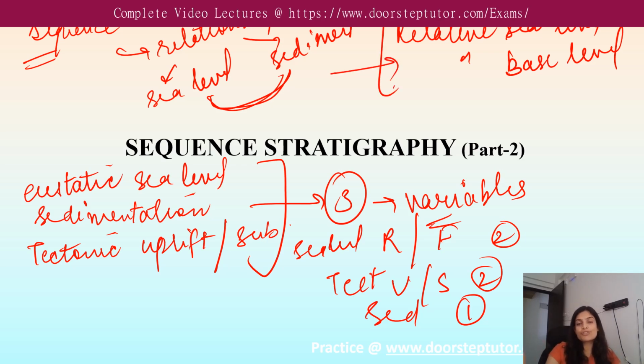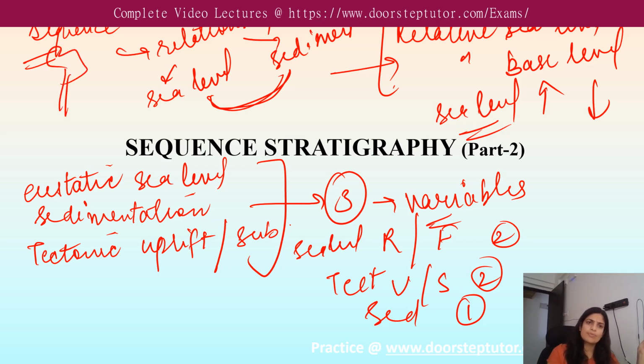Basically, in reference to this, we talk about whether there was upliftment or subsidence, and mainly we talk about the sea level, whether there was rise or fall, and because of this, whether that palm tree example which we were discussing has drowned or has been on a land where it is uplifted and it is dry, right?